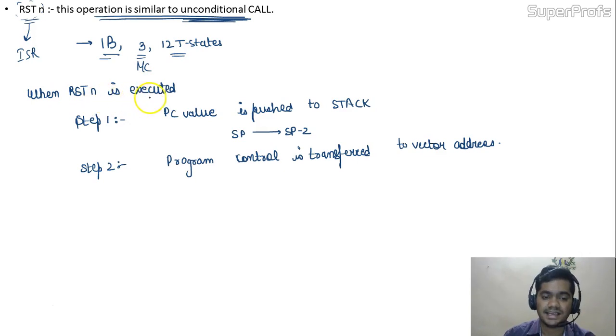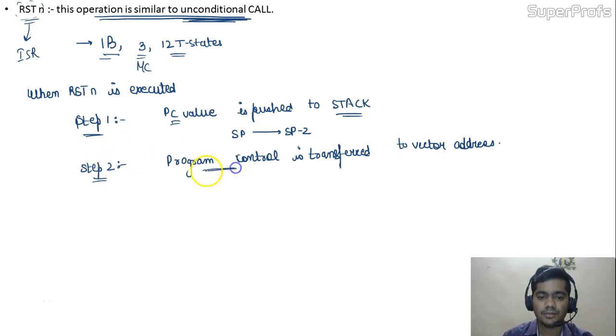When RSTN is executed, step 1 is that the program counter value is pushed into the stack. It is just similar to the call statement, where we also transfer the program counter value to the stack, so that whenever we return from the separate program to the main program, we can execute our main program from the next step, that is after the call statement, or here after the RSTN statement.